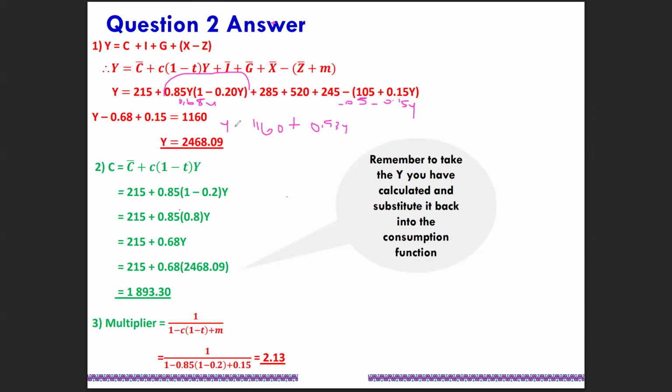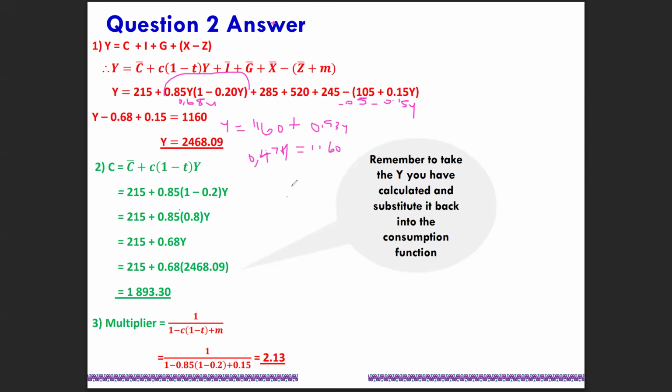And then this is also y equals to. And then you're going to take this one to the other side. So it's going to be 1 minus 0.53, and then it's going to be 0.47. So 0.47y equals to 160, right?